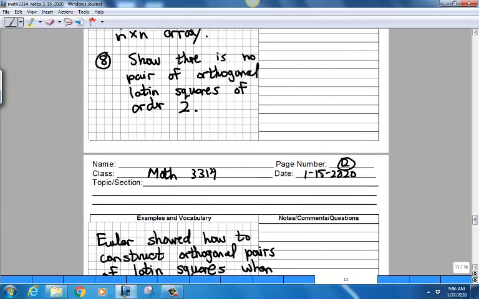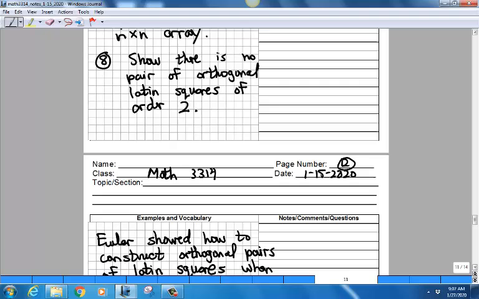All right, I want y'all to try this one. Let's cut it down even easier than the 9 officer problem. Let's look at the 4 officer problem. Show that there are no orthogonal Latin squares of order 2. There aren't that many possibilities, because there were only 2 Latin squares of order 2.